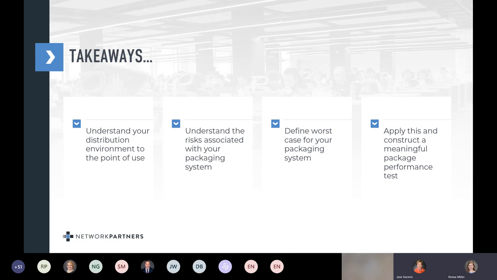What is the first step you would take to understand the risks associated with your package system? Well, in conducting an FMEA, I would start with the damage or the problem with the package being breach in integrity, and then look at all the things that might cause that.